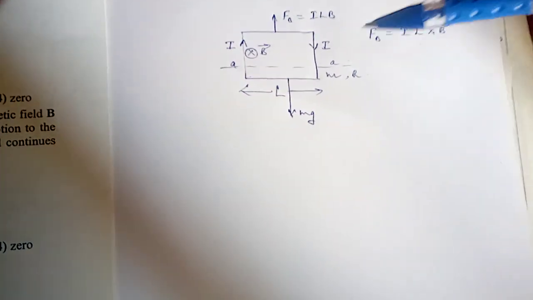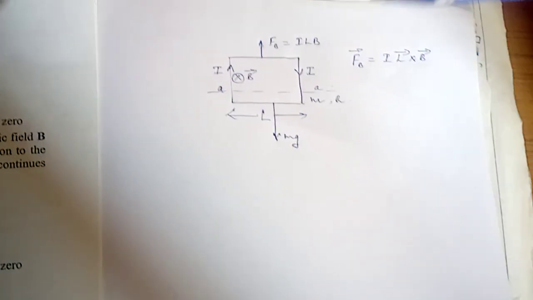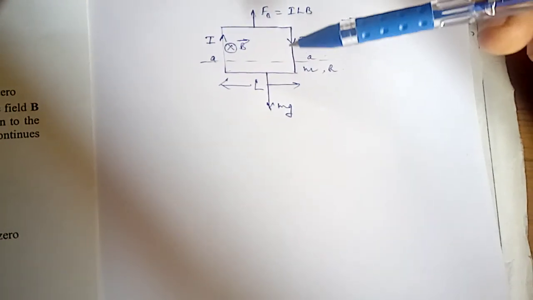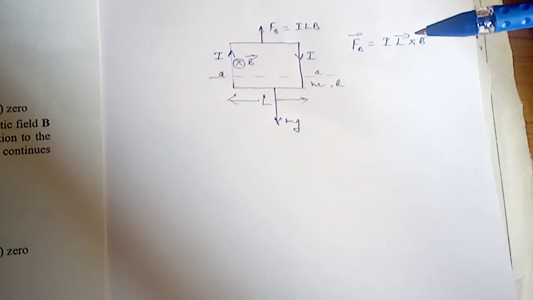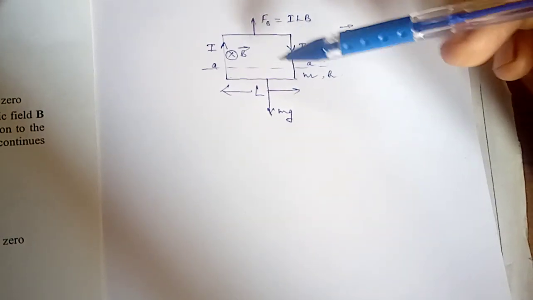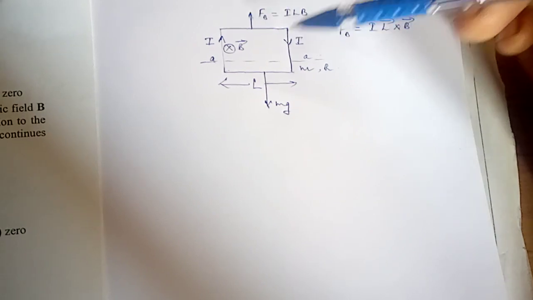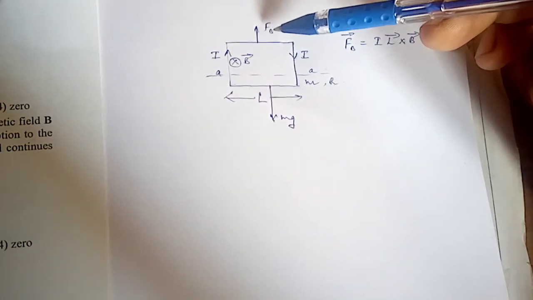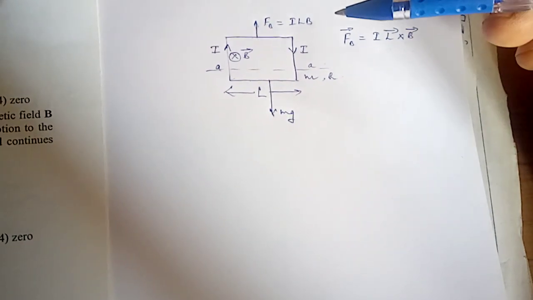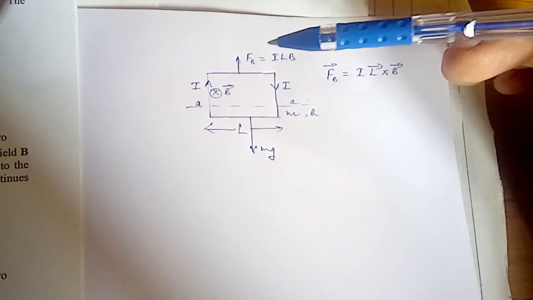Fine. Now as the loop moves downward, its velocity increases because the acceleration is downward. With the increase in velocity, the flux decreases more quickly, so the induced current also increases. This increases the magnetic force F_B. Initially, the downward gravitational force is more and F_B is less.